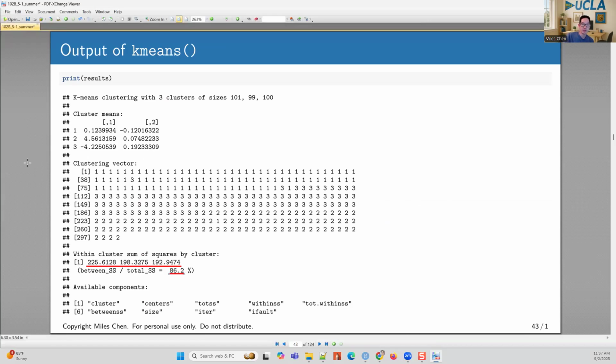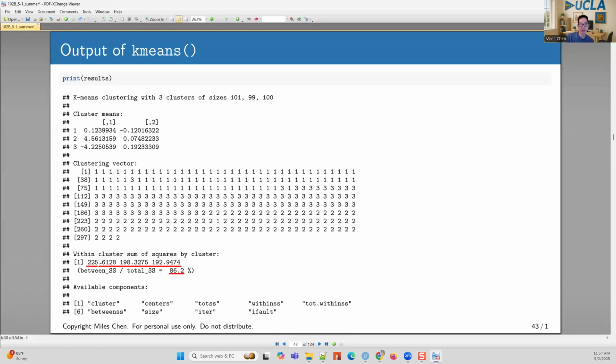We're trying to minimize the within cluster sum of squares here. So you have the total within sum of squares, the between sum of squares, and the within sum of squares itself. If you do the between sum of squares divided by the total sum of squares, that's kind of your R squared value.